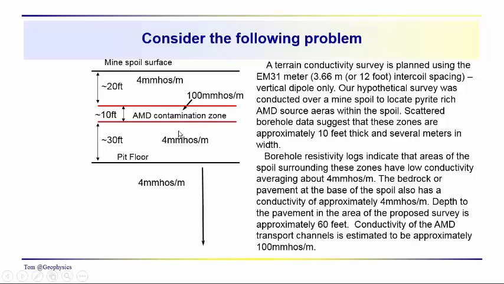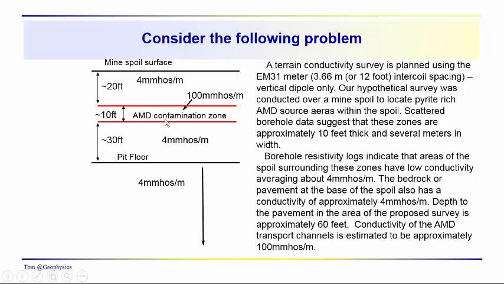It's an acidic zone, high conductivity. We go down to the pit floor with a conductivity of 4 millisiemens per meter, and to keep this simple as a three-layer problem, we assume that the pit floor and the bedrock below have the same conductivity, so that the pit floor is effectively transparent.